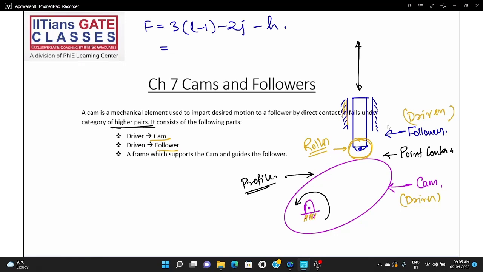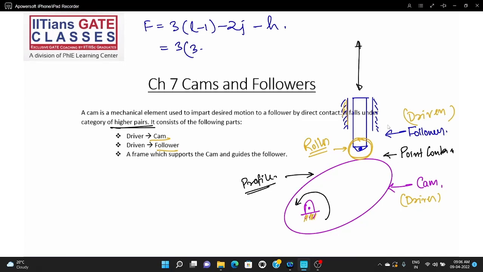So there are 3 links, minus 2 into how many binary joints are there? There is one binary joint here, one binary joint here, right? So 2 into 2, minus one higher pair, because of the point contact. So 3 into 2 minus 4 minus 1, that is equal to 1.